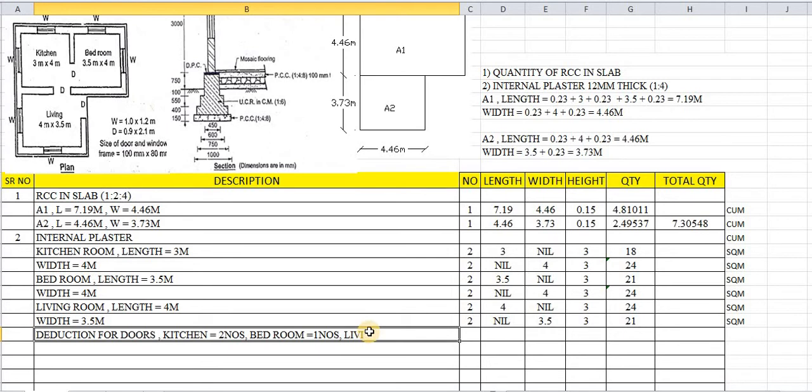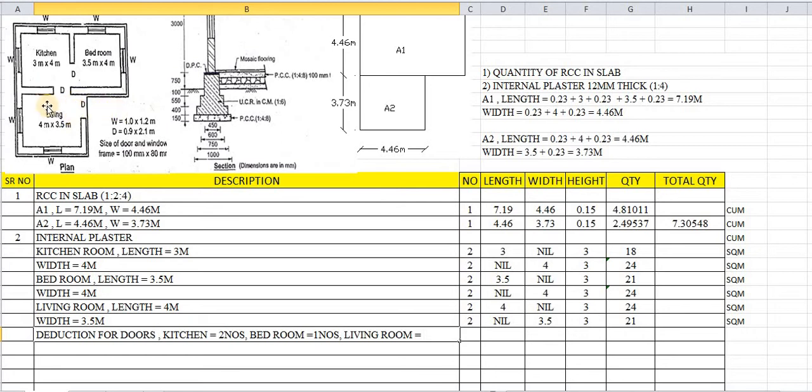So we will find the quantity for the living room. How many openings does the living room have? We will see in the figure. The living room has 2 openings, one on this side and one on this side: one opening to the kitchen room and one outside opening.